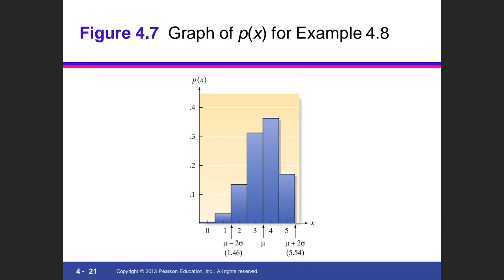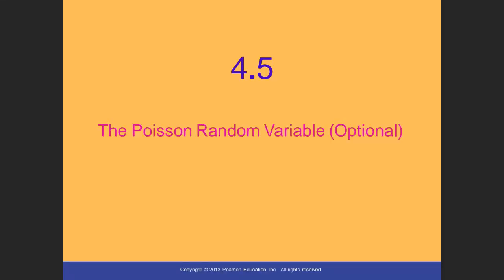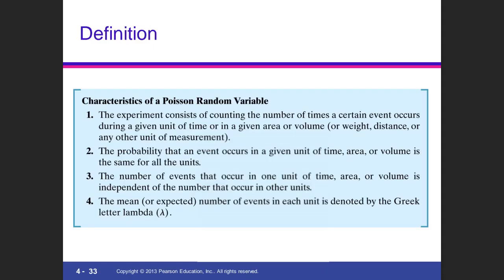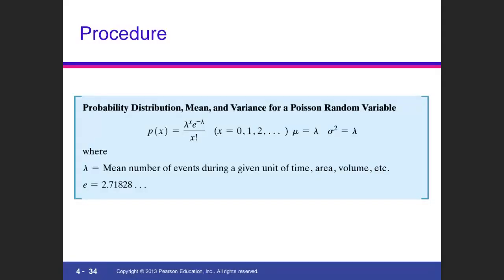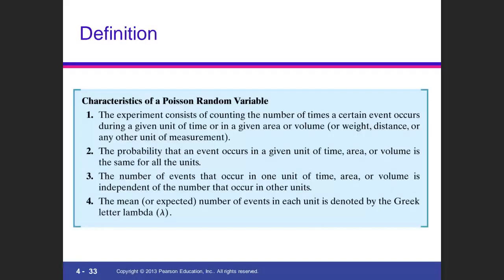Okay, the Poisson. It's also discrete. That means we count the number of times a certain event occurs during a given unit of time, on a given area or volume.